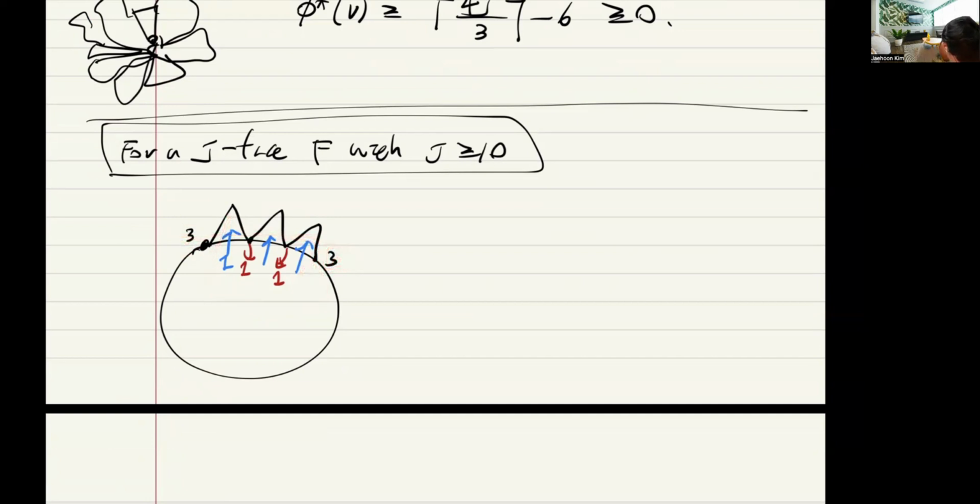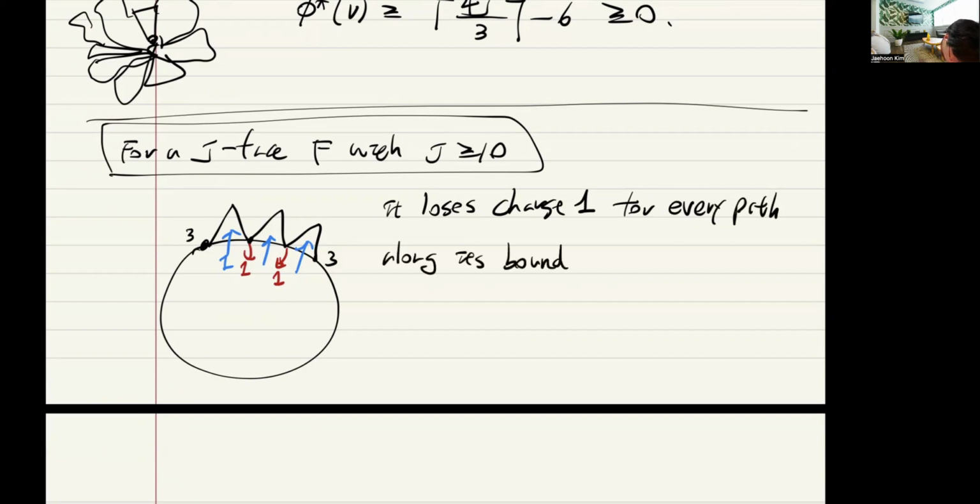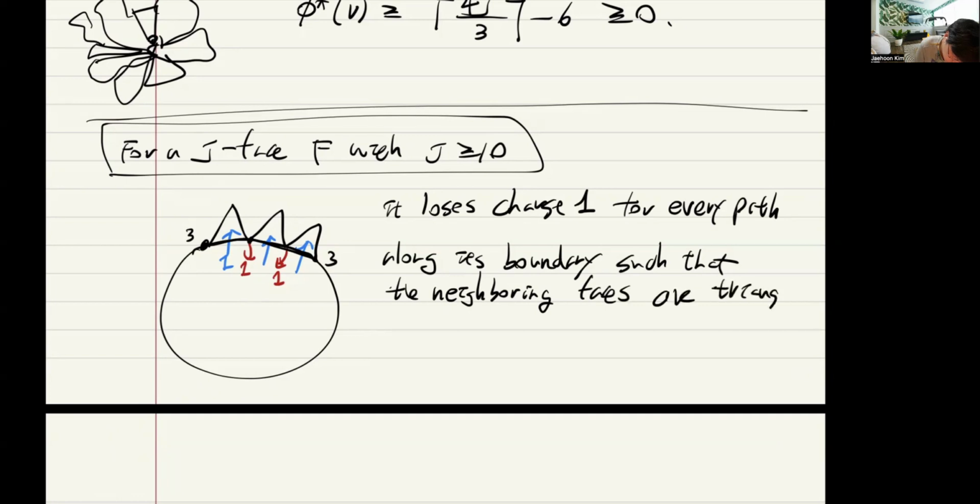So what does this show? It shows that F loses charge 1 for every path along its boundary such that, so this is the path, the neighboring phases are triangles, and the points have degree 3.